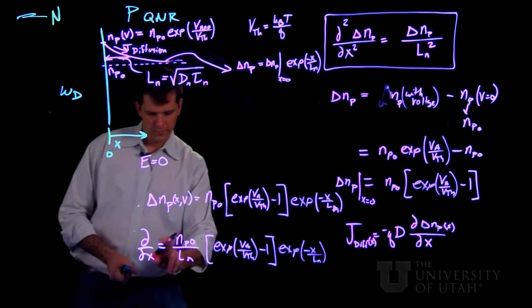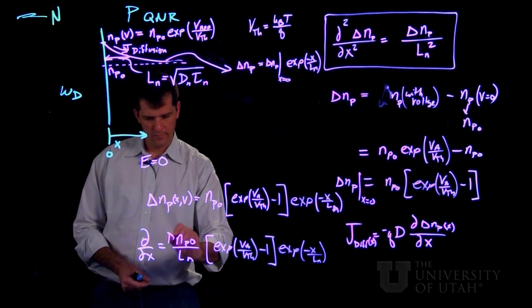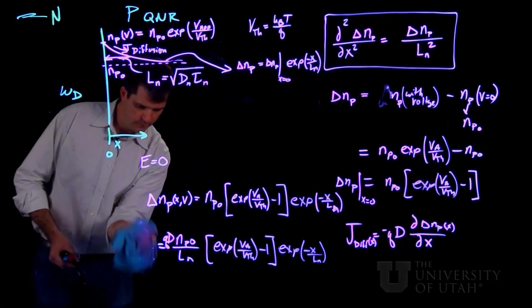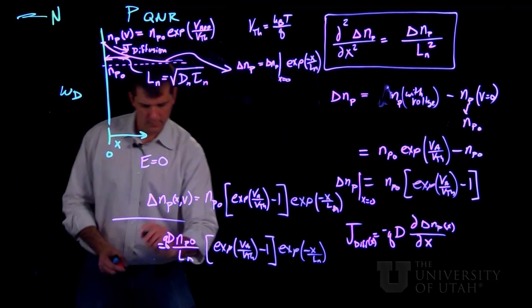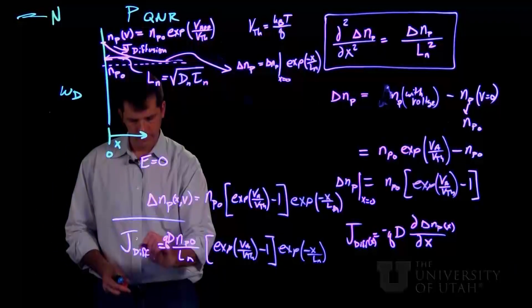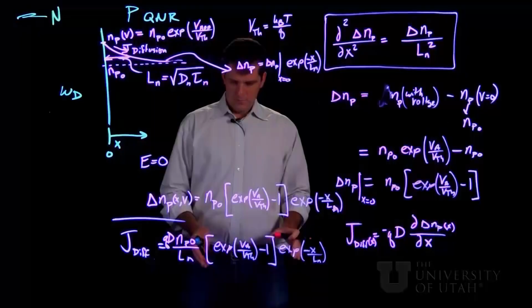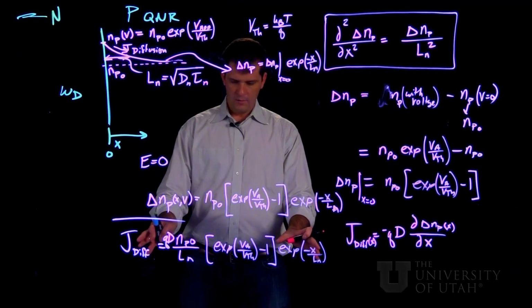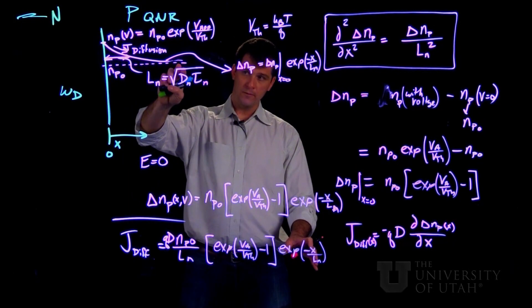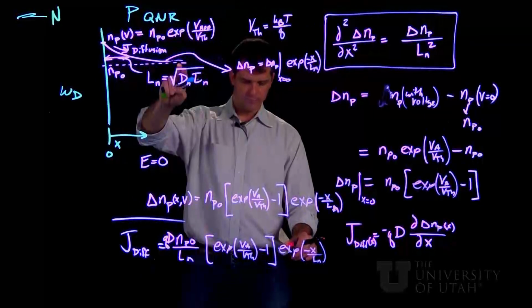So we're going to put in D and a q, and we're going to erase this and say now our J diffusion is equal to this. Okay, so our diffusion current goes to 0 as all the carriers go away, far away from the junction.